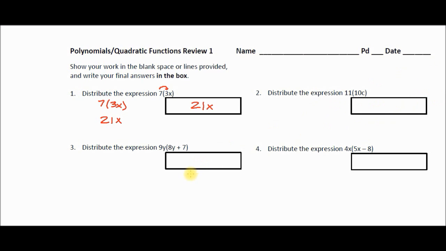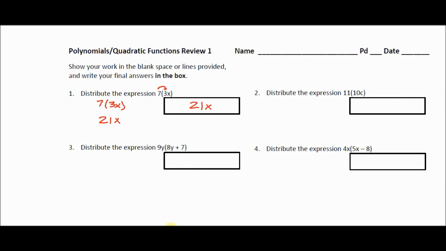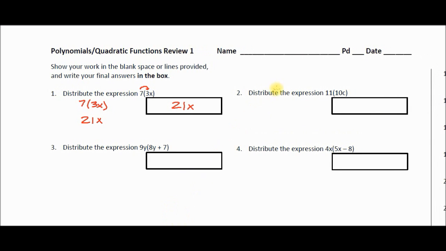Question number 2, let's move on over. I've reformatted these for you guys so that I can have a little bit more room to work. Distribute the expression 11 times 10c. Well, same procedure. We've got a monomial times a monomial. So 11 times 10c.